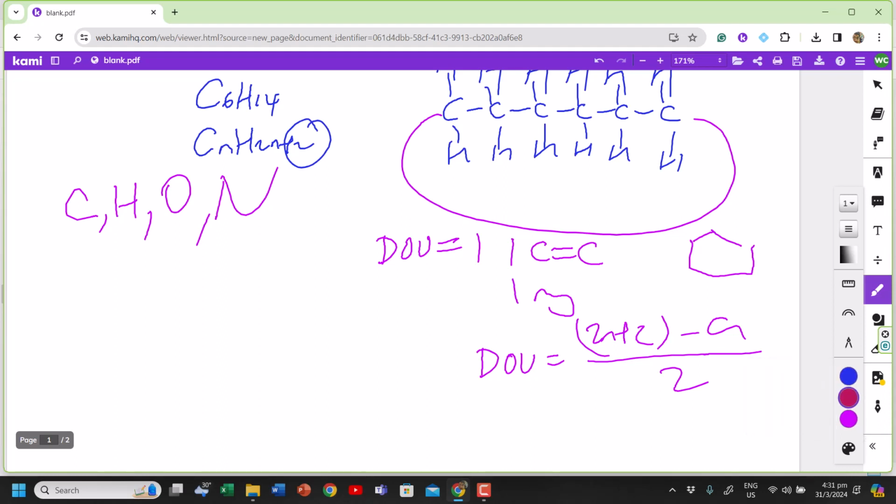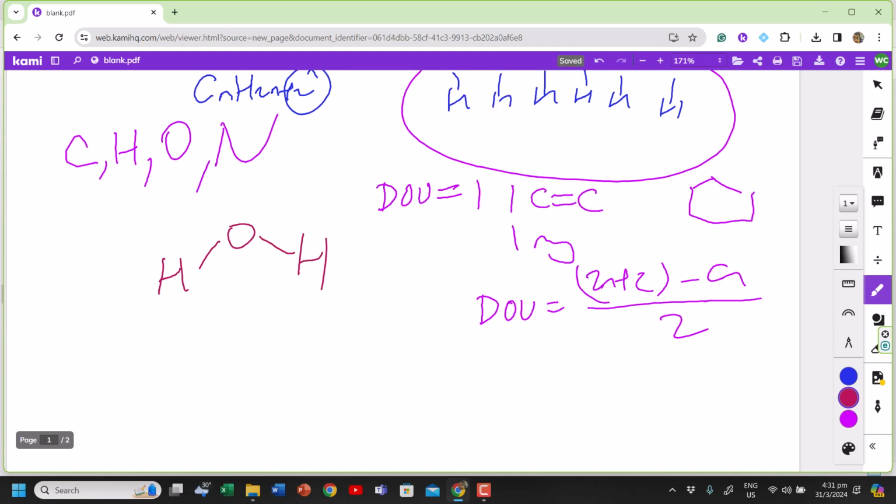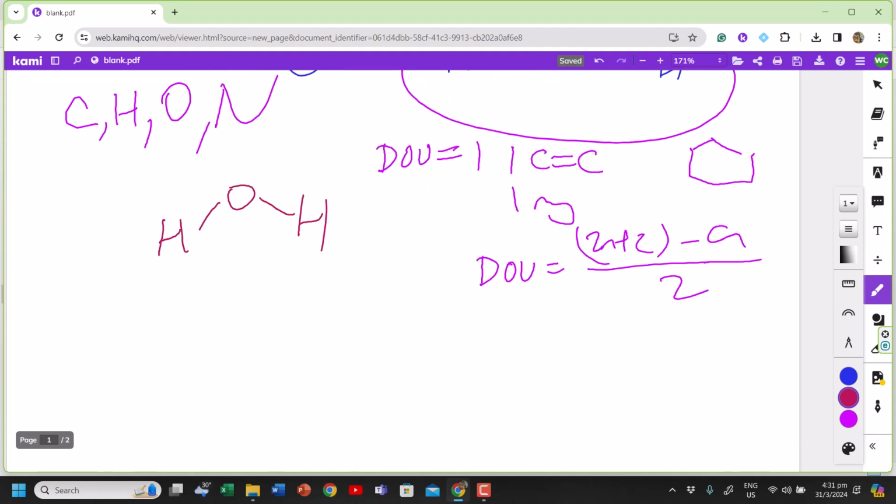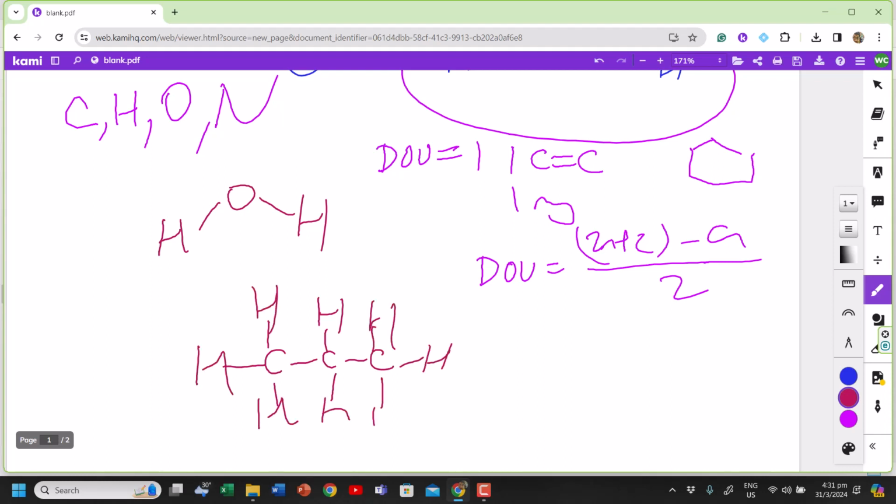Because the maximum number of bonds an oxygen can form is 2. For example, the one that you are most familiar with is H2O. Whenever we include oxygen in the formula, say I have a straight chain carbon like this, with an H here, H here, H here, H here, H, H, and H. If I include an oxygen over here, you notice that it doesn't change the maximum number of hydrogens.